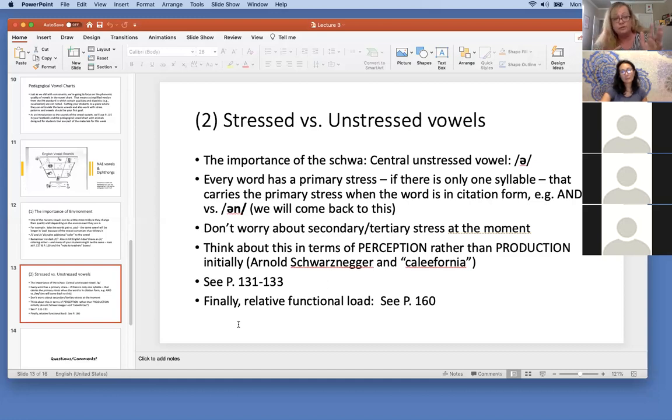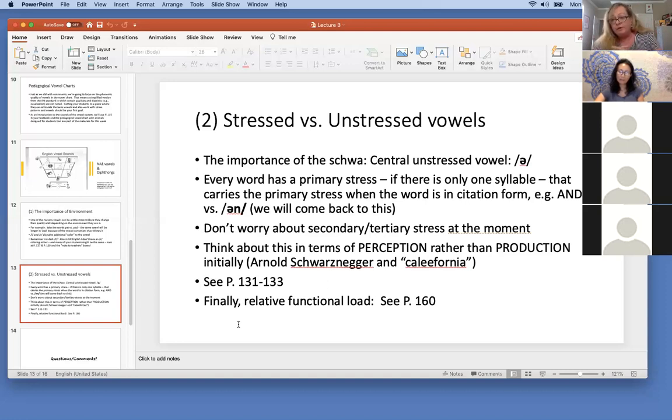If your students can correctly use primary word stress, so just the one syllable that has the primary stress, and can correctly use sentence stress, you're golden. You don't have to worry about fiddling around with secondary stress and tertiary stress and all that stuff, okay?